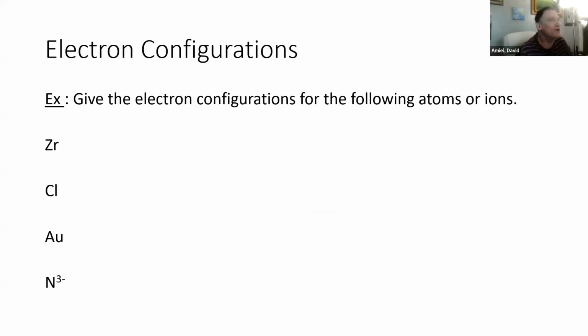Give the electronic configurations for the following atoms or ions. Okay, let's go to DocuChem. Let's change some of this stuff out. Let's do zirconium. Okay, let me switch to DocuChem here.